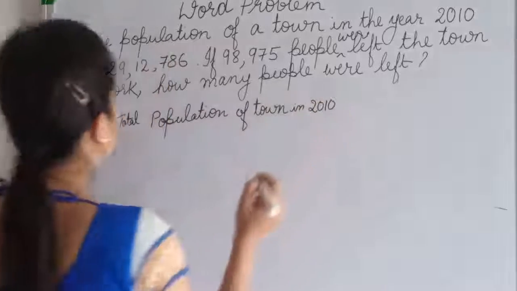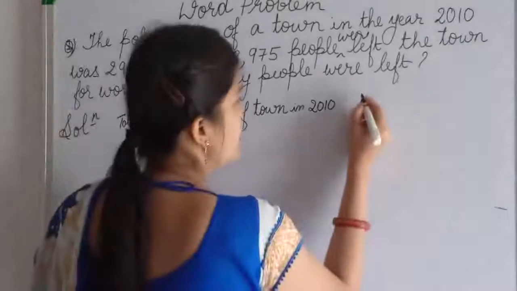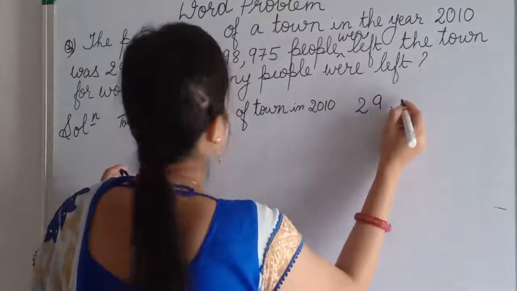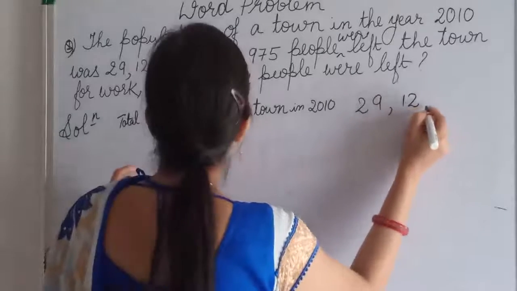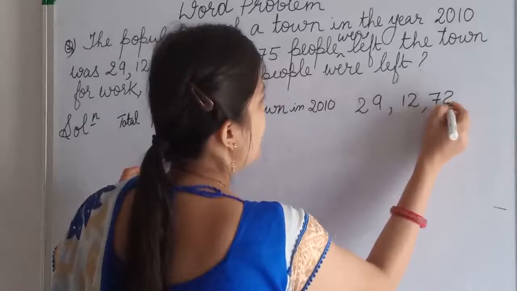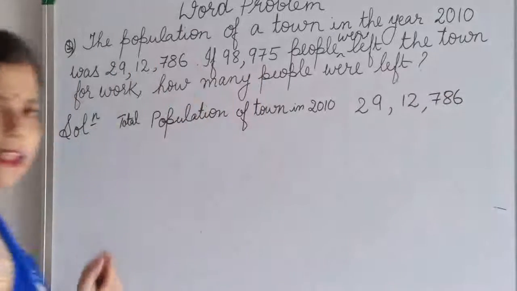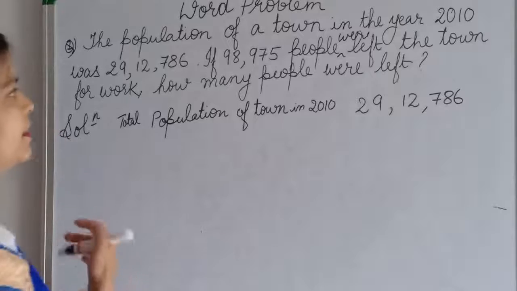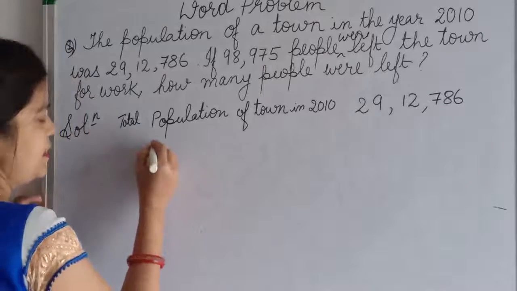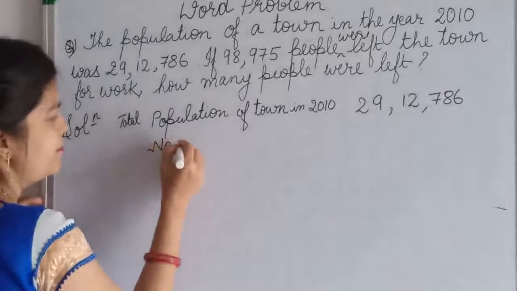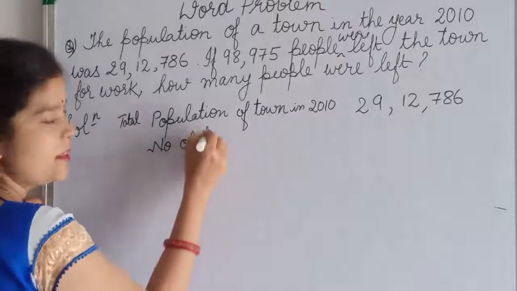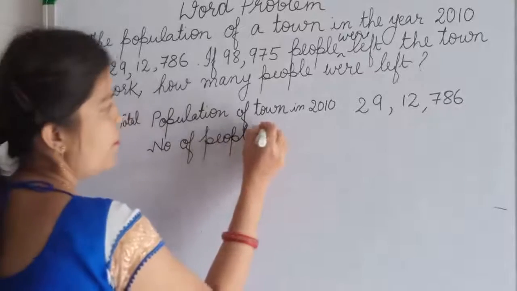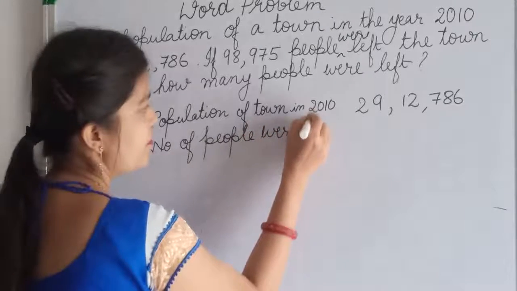What is the total population of the town in 2010? That is 29,12,786. Okay. Now the number of people who left the town.